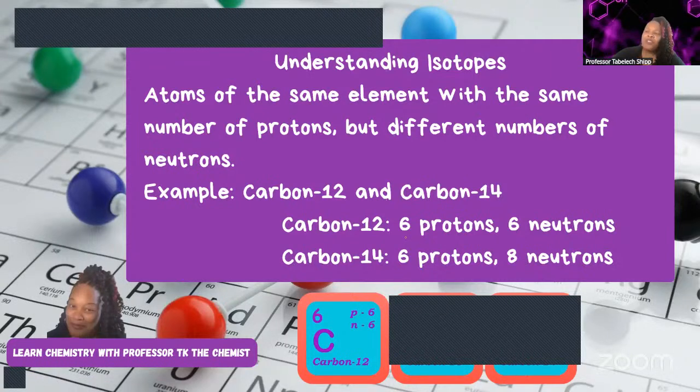Something else I want you guys to keep in mind here, and I don't know if you all can see this. On my screen, it looks like a dark box covering up the bottom half of this. So let me see if I can get rid of that. I don't think I can.